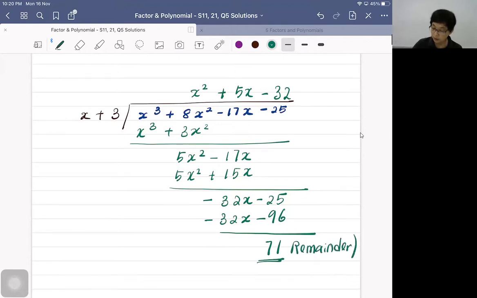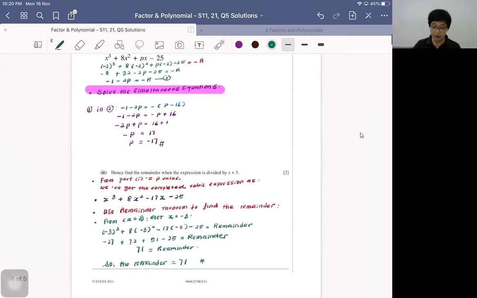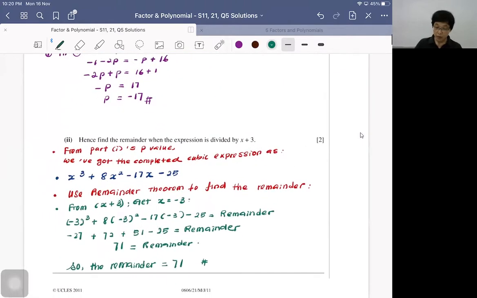So I hope that with this additional information and the further proving with the long division, the remainder is 71, provided we take the cubic expression that was assigned to us with the p-value we have found in section 1, which is negative 17, and then we divide with x plus 3, and that ties up exactly with our remainder obtained through the remainder theorem.